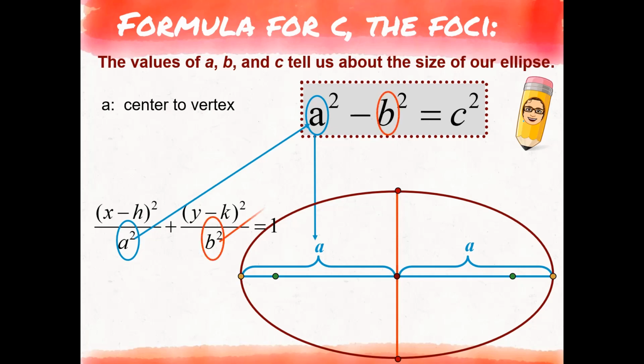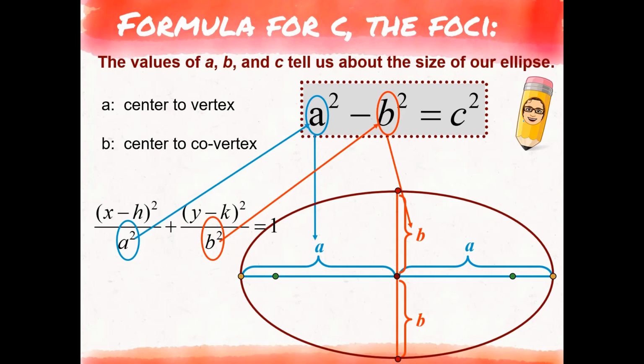The b value is how far your center is to your covertex. That's why the b value has to be smaller than the a, because if it wasn't, then you'd be finding the vertex, not the covertex, because the major axis has to be longer, right?